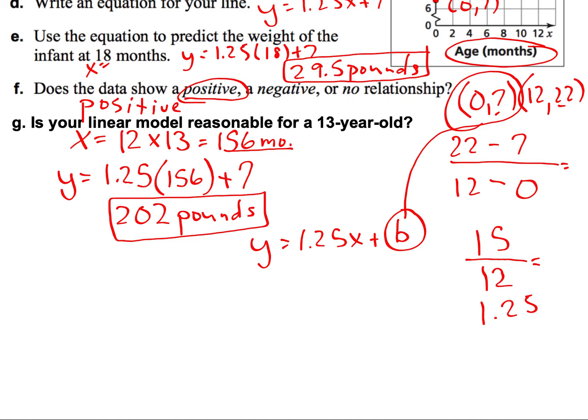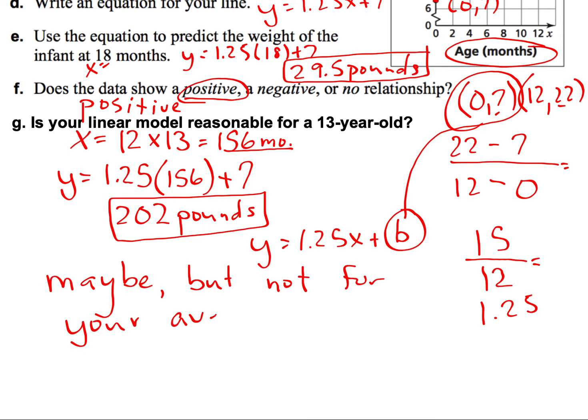And so that is a bit high. So is it reasonable? Maybe. For some people it might be, depending on their genetics and bone structure. But I'm going to go with maybe, but not for your average 13-year-old.